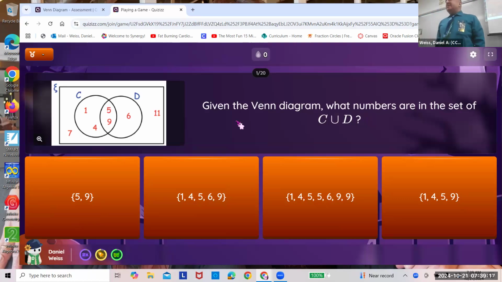Venn diagrams, something that sounds really hard, but I think you'll find that this is really, really easy. This here is called a Venn diagram. It's two overlapping circles, meaning you have two things, and there's overlap.